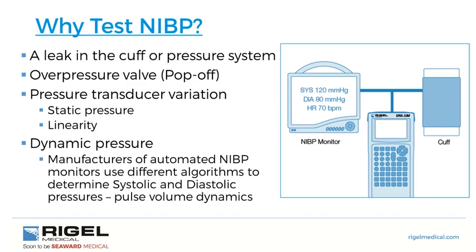So the linearity is very important. And then dynamic pressure. Manufacturers of automated NIBP monitors use different algorithms to determine systolic and diastolic pressures, pretty much based on different interpretations of pulse volume dynamics.